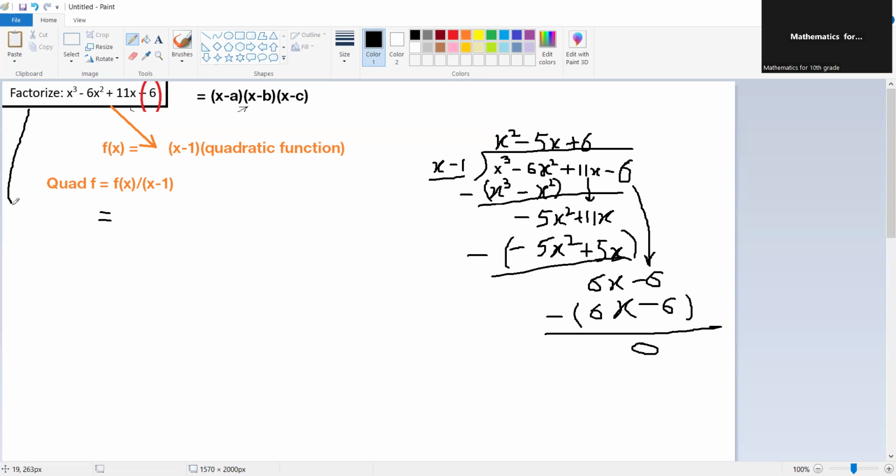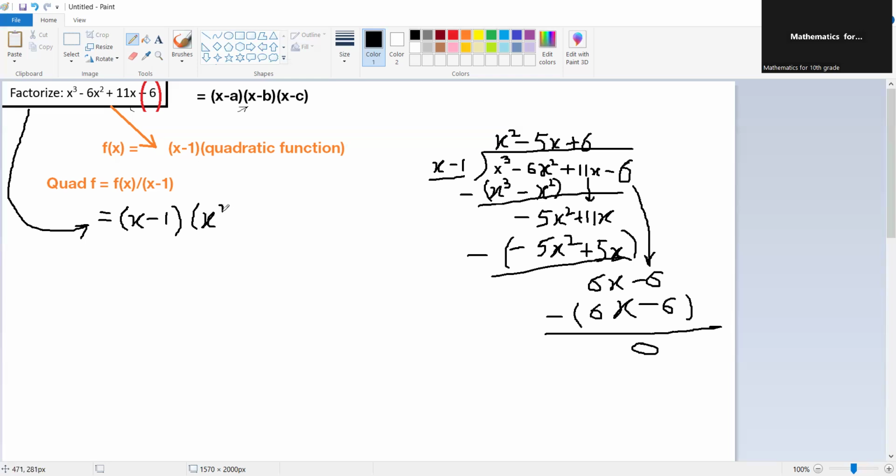This f of x, this cubic function, we just found out that it is equal to x minus 1, because x minus 1 is the factor we found by trial and error, multiplied by x square minus 5x plus 6.